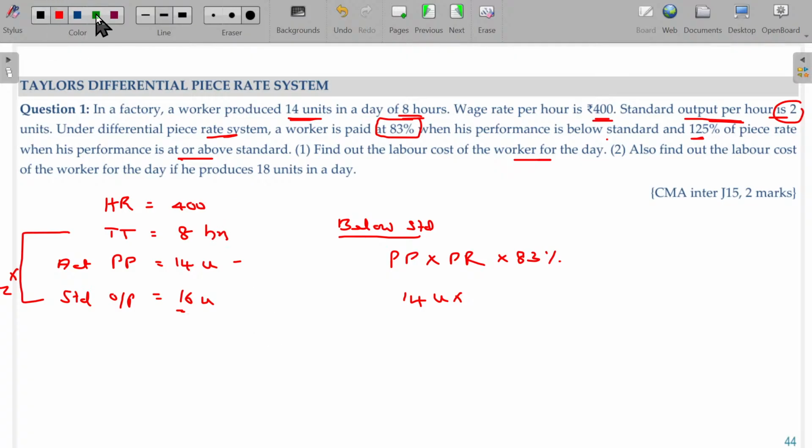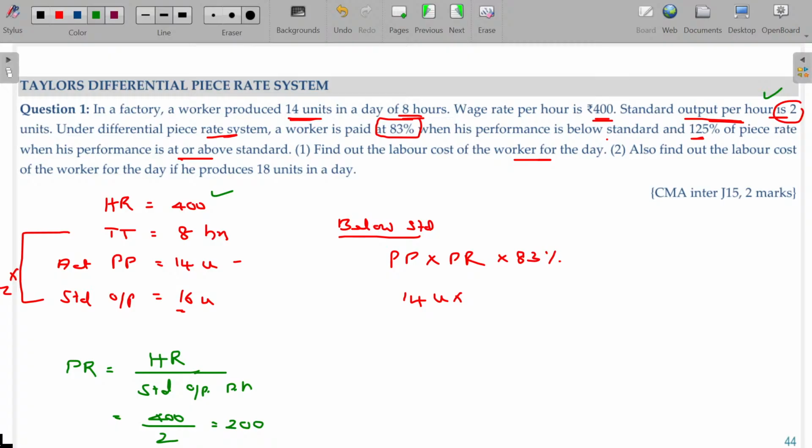If hourly rate is given instead of piece rate, how can you calculate the piece rate? Piece rate is equal to hourly rate divided by standard output per hour. Hourly rate being 400 rupees and the expected standard output per hour being 2. From this it is very clear, it costs us 200 rupees per unit.